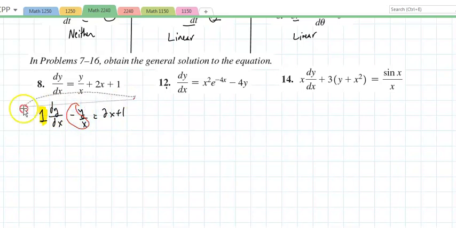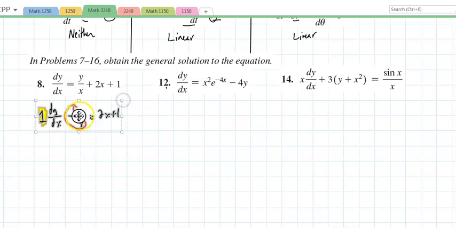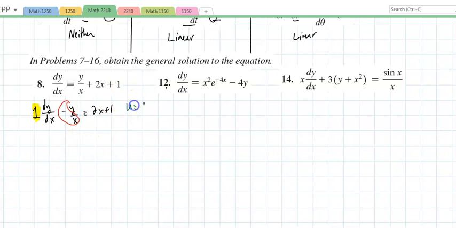We call it the u factor. That's what I call it. The u factor is going to be, let me use green, e to the integral of negative 1 over x dx. So u is going to equal e to the negative natural log of x; make that a power. u is going to equal e to the natural log of x to the negative 1.